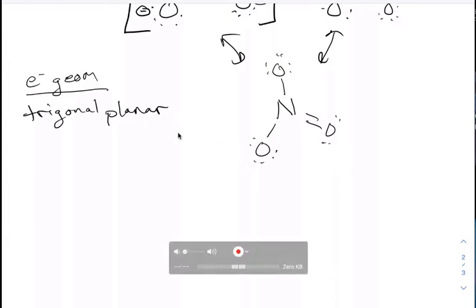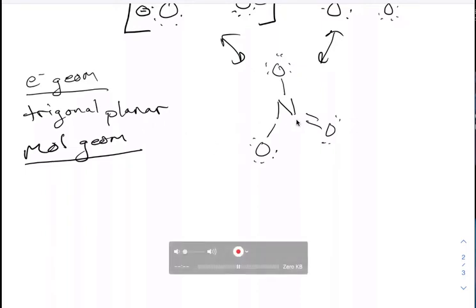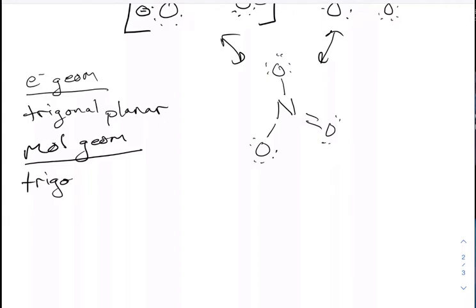Now, molecular geometry. Another pattern that we will often see, if you look at your central atom, in this case our nitrogen: anytime the central atom doesn't have any lone pairs, the electron and molecular geometries are going to be the same thing. So our molecular geometry here, since the nitrogen has no lone pairs, is also trigonal planar.